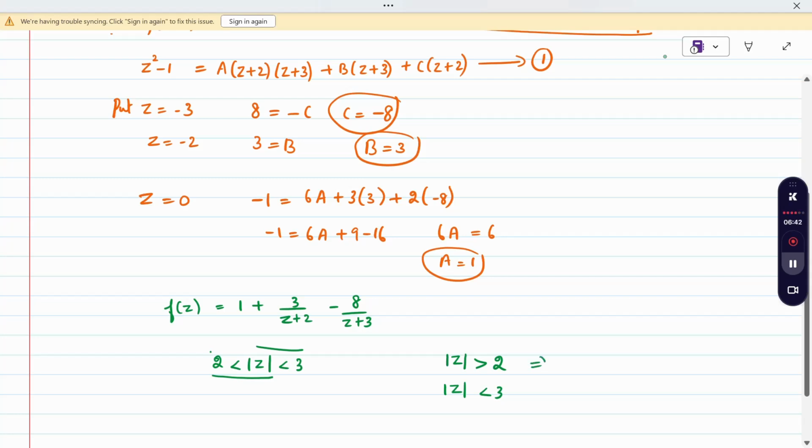So when I write 2 divided by modulus of z, it becomes less than 1, because this divided by this changes the symbol. And this 3 also, with respect to this, modulus of z divided by 3 is less than 1. So this is our given question.